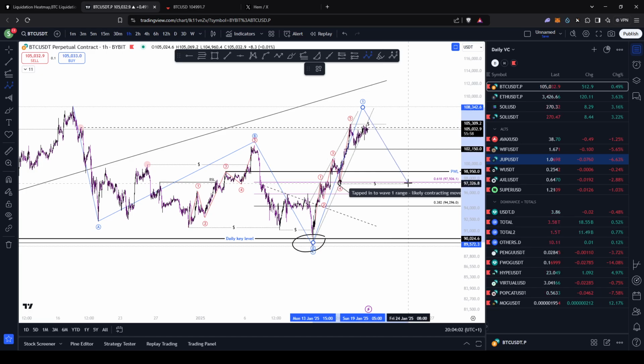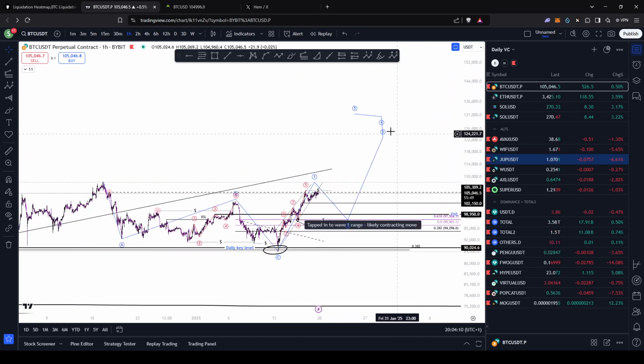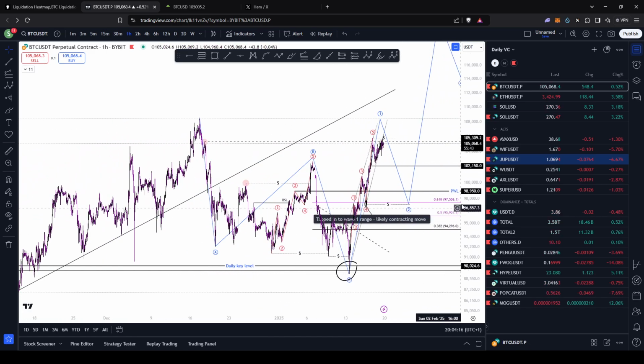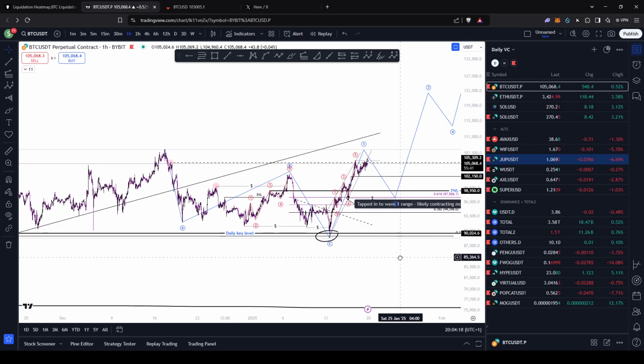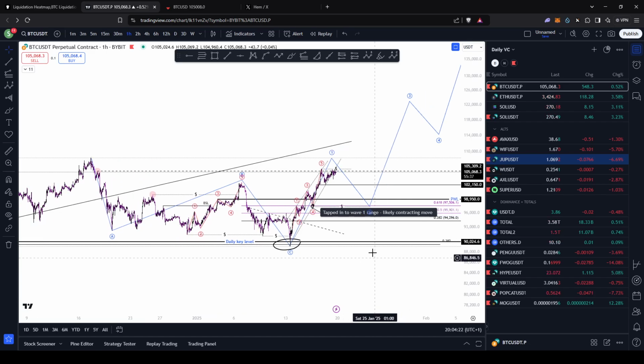Then you're looking for a correction wave 2 to then further expand for wave 3, 4, 5. I need to move those. 4, 5. Just as simple as that. That's the higher time frame bullish structure that we would like to get.